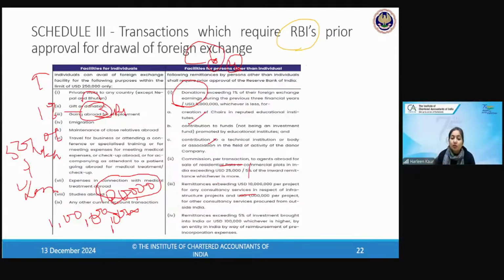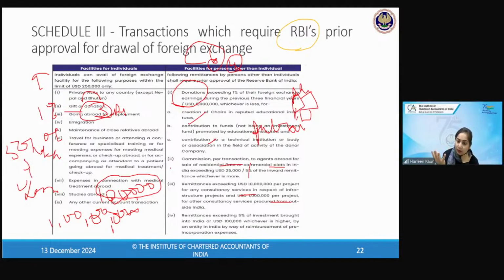So there is an agent sitting in Dubai and he is encouraging people to buy flats in Delhi or in Mohali or in Bombay in India. Then whatever commission he's getting is 25,000 USD or 5% of whatever amount I have received.